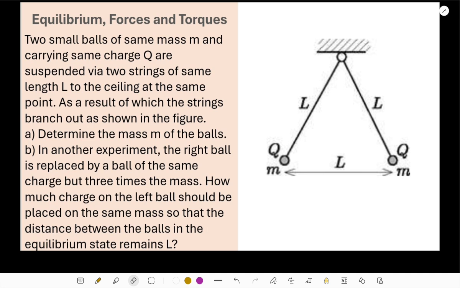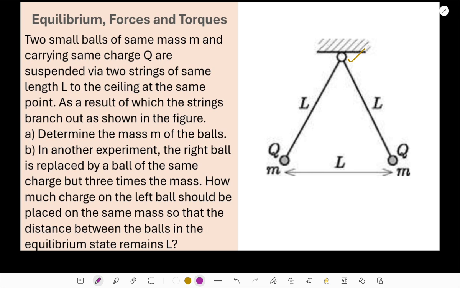This is the point of suspension, nothing else. As a result, the strings branch out as shown in the figure. Determine the mass m of the balls.